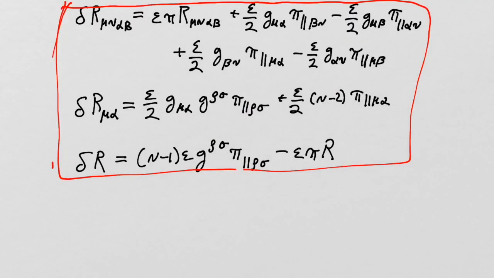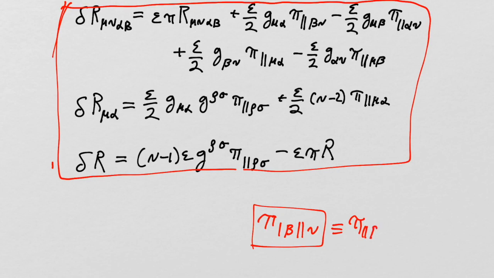And I've done that over here, right? So this is the variation of R mu nu alpha beta, and you end up with this expression. Now you have second covariant derivatives, right? The second covariant derivative of a function is going to actually be the first covariant derivative followed by the second covariant derivative. You might see this notation for pi double covariant derivative beta nu.